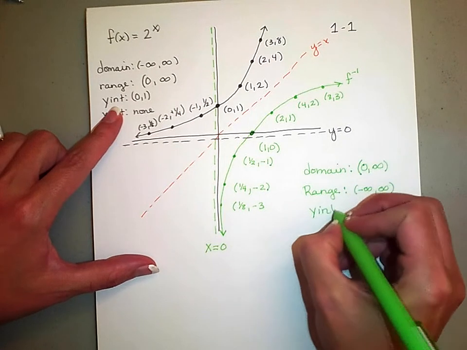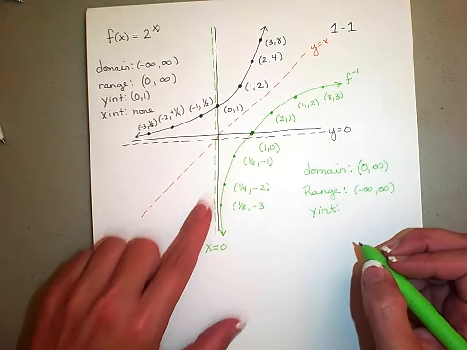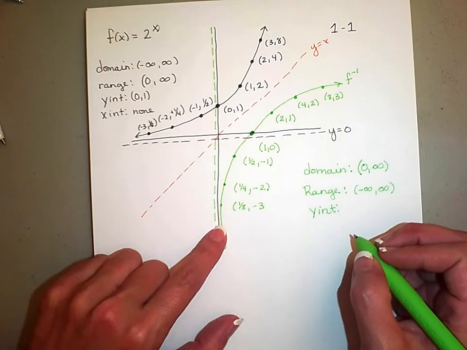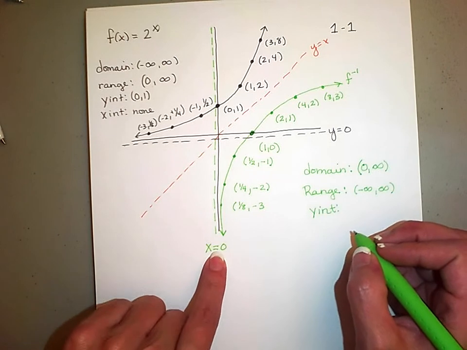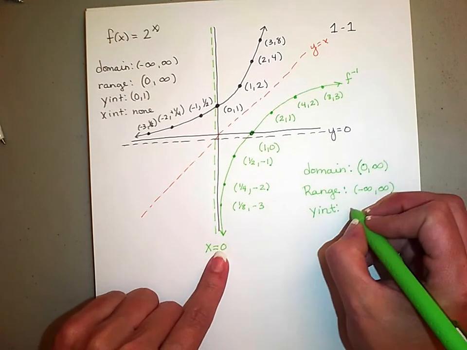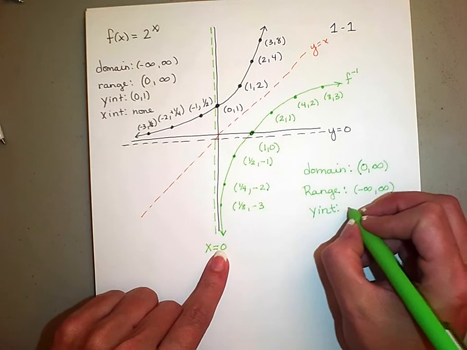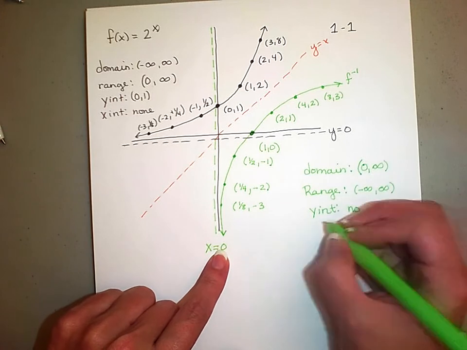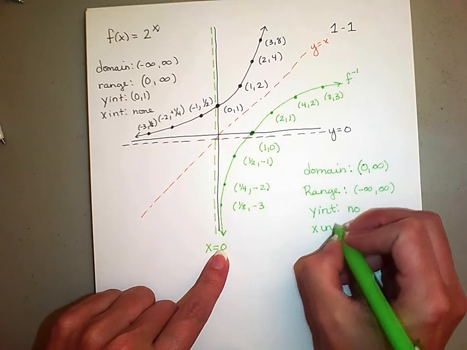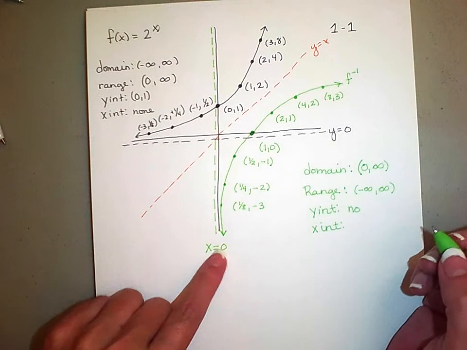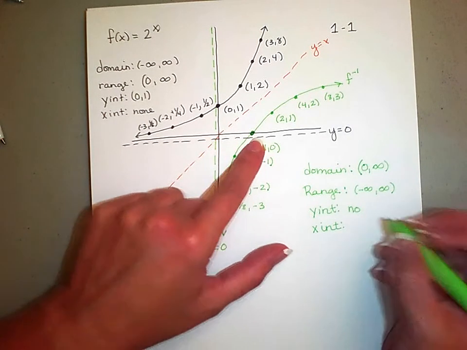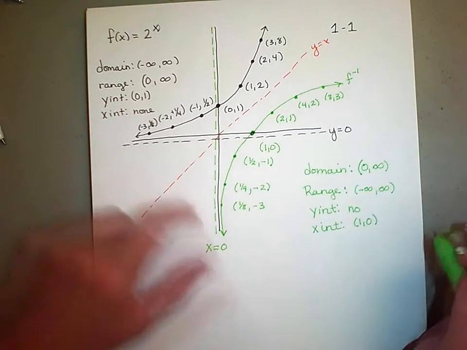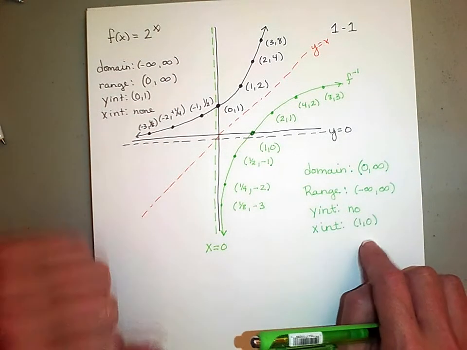If we ask about a y-intercept now, that is, where this graph will cross the y-axis, we have a vertical asymptote there, so it will never touch the y-axis, so there is no y-intercept. If we ask about an x-intercept, though, this certainly does exist, and it is the point (1, 0). So again, these two are flip-flopped from each other.